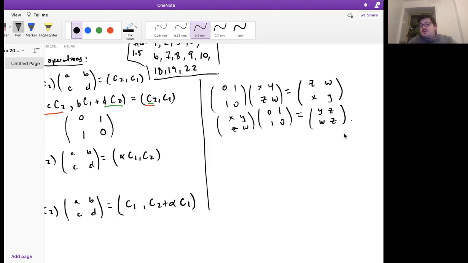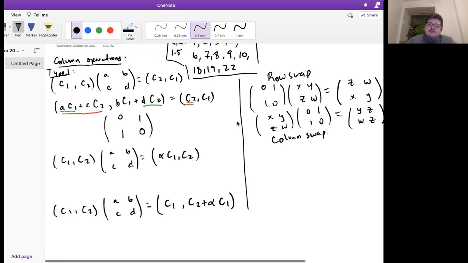So do you see the difference? Multiplying the same elementary matrix on the left means row swap, and on the right means column swap. So this is a great example of why you have to be careful when you flip-flop the order of multiplication.